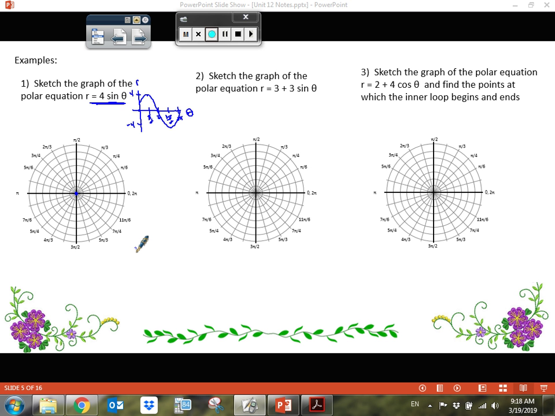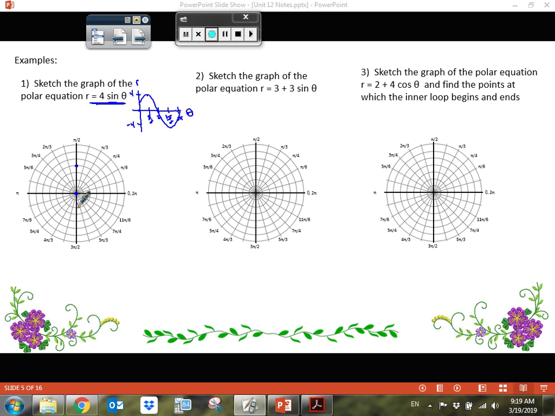At an angle measure of pi over 2, I'm at 4. So here's my angle measure of pi over 2. I'm at 4: 1, 2, 3, 4. And now we talked yesterday that it's quite rare that there's a straight line in a polar graph. We would not connect this with a straight line like that. So how do we do this? Well, it's going to be curved.